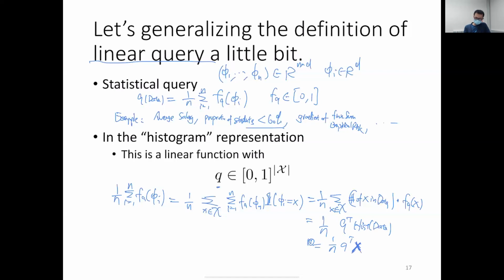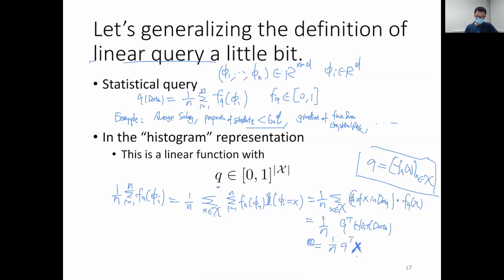This x is not the same as the individual elements, but rather the histogram representation of the data set. Just by partitioning this, we can rewrite every statistical query into a linear query with some unspecified q, and this choice of q is simply f of q of x enumerated for all x in the space. So basically, that's the construction.